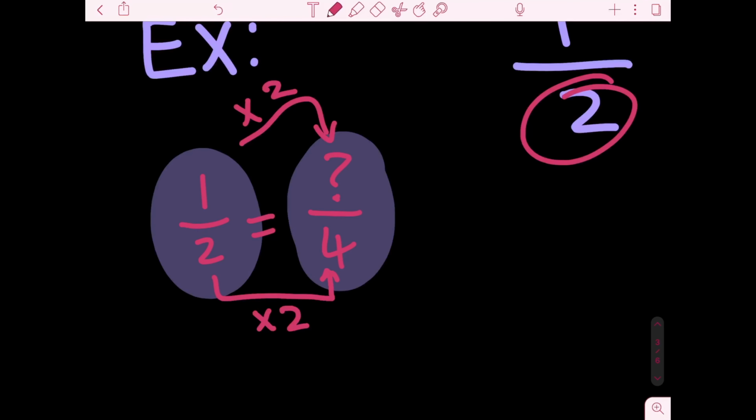And the easiest way to look at it is if we do 1 times 2, our question mark is equal to 2. And similarly, 2 times 2 right here is equivalent to 4. So we're just multiplying this entire fraction on the left by 2 in order to get the fraction on the right.